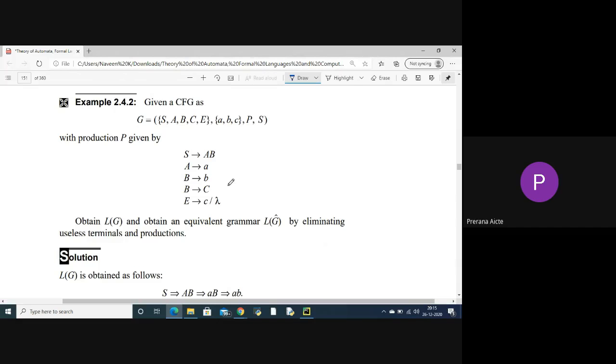Now we need to eliminate the useless symbols and productions. So we'll see. S tends to AB, and A tends to small a, B tends to small b. One possibility. So these three are useful. Next, S tends to AB.